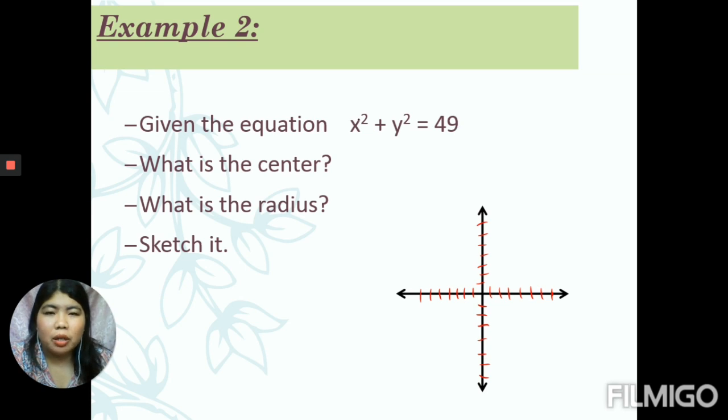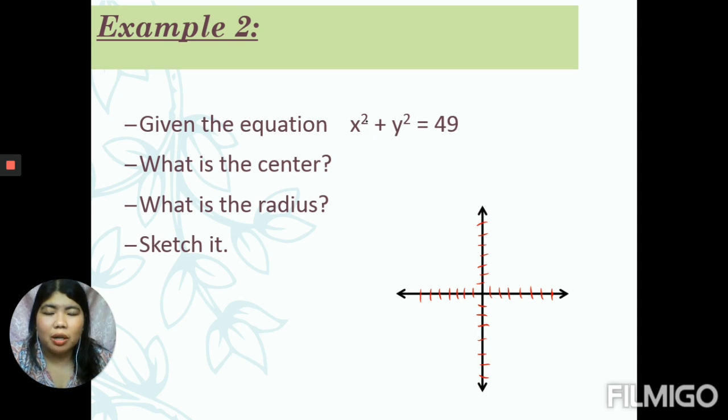So, kung mapapansin natin, we don't have h and k. Hindi siya naka-indicate. Pero hindi ibig sabihin na wala tayong center. Pag hindi naka-indicate yung h, k or walang real number na nakasulat dito sa equation na nag-represent ng h, k, ibig sabihin ang center natin ay 0, 0.